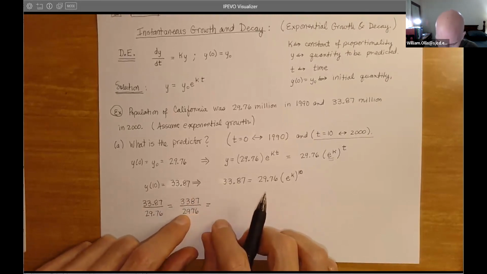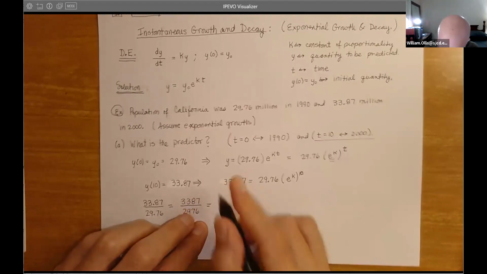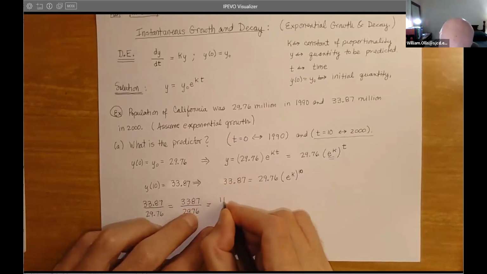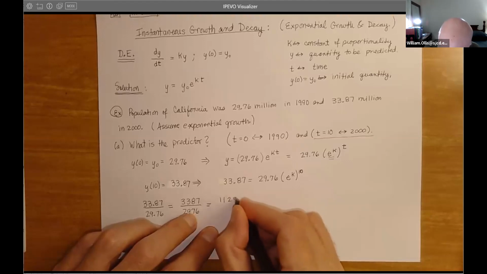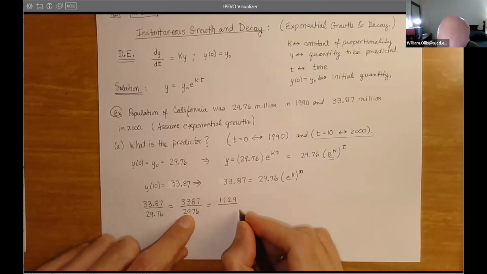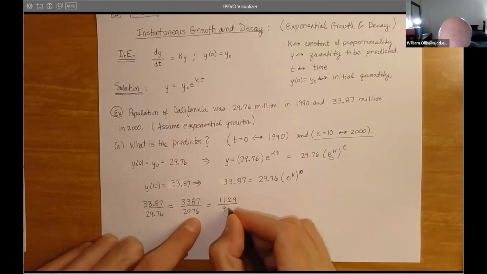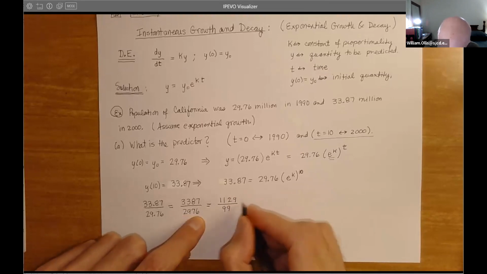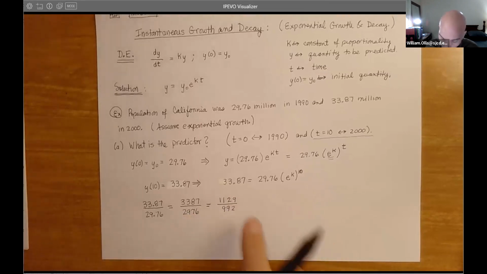So that's a 24. That's also divisible by 3. So let's divide by 3. 1129 and 992. So 1129 divided by 992, that makes the number just a little bit smaller.